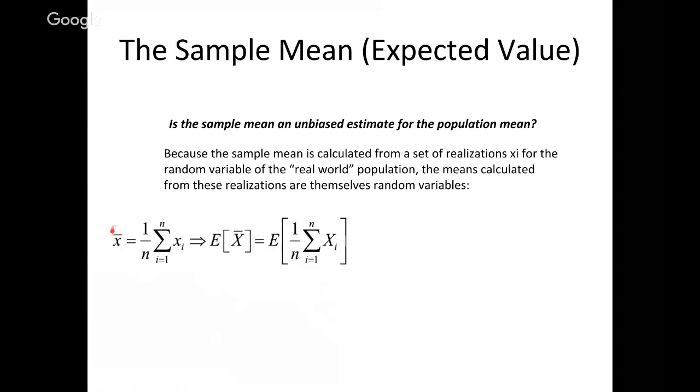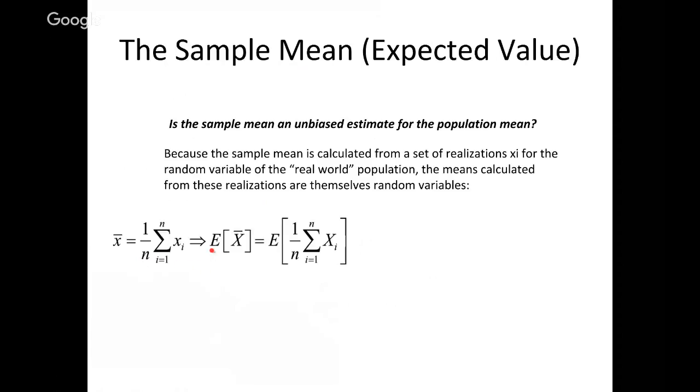If it's a random variable, that means that we can think about taking the expected value of that random variable. So little x bar was a specific realization of the sample mean based on a set of n samples from, say, the beach, or from whatever process you're interested in, that wild population.